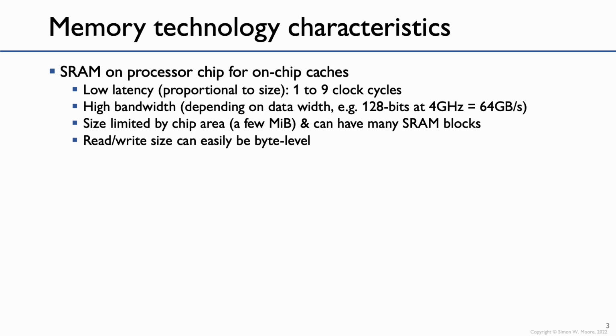If it's a very tiny little memory, you might be able to access this in a single clock cycle. If it's a much larger memory, it may well take longer. It's going to be very high bandwidth. If it's on chip, we can have quite wide data widths, and in particular when we're moving data between caches, we might move several words at a time.